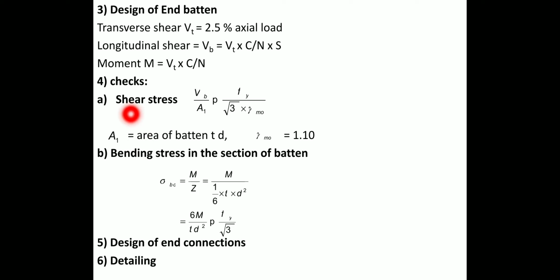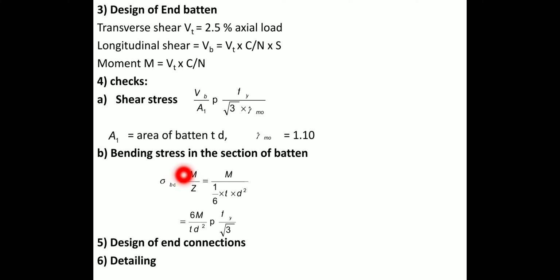The first check we take is shear stress, Vb by A1 less than or equal to Fy divided by root 3 into gamma m0, where A1 is the area of batten. Area of batten means thickness into depth, and gamma m0 is 1.10.